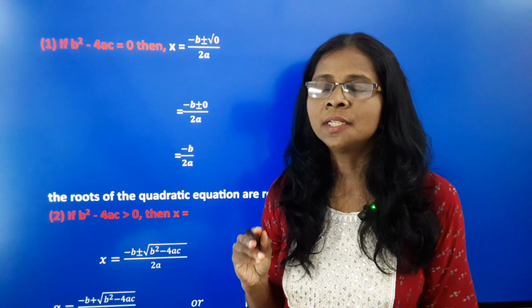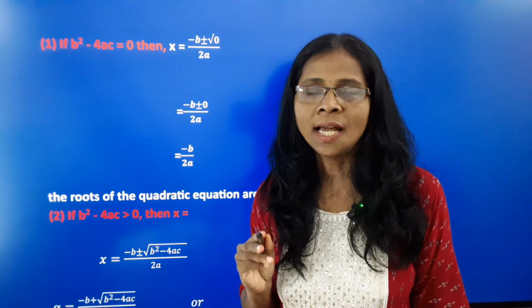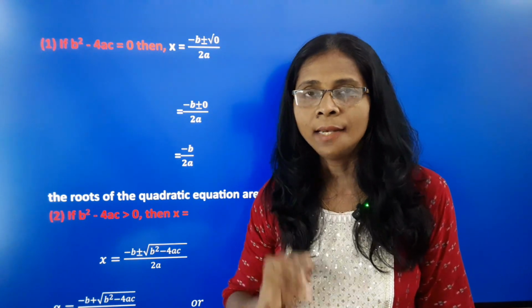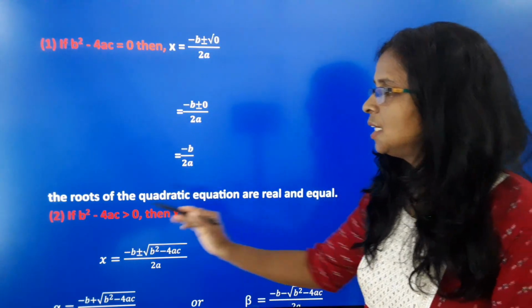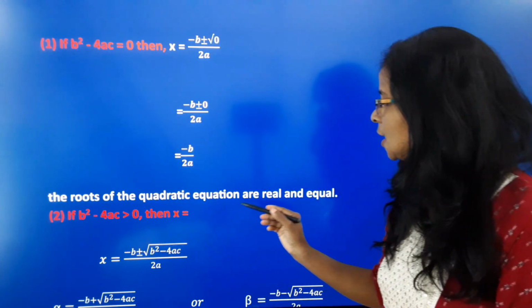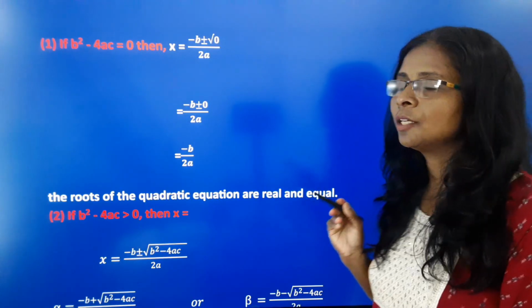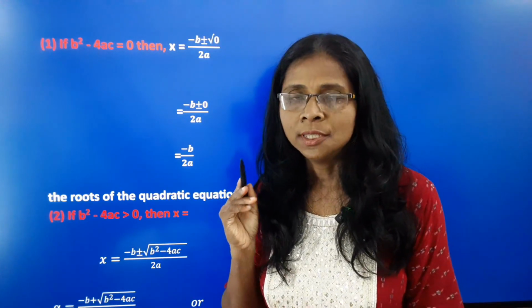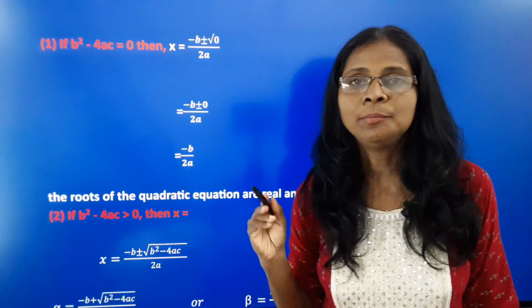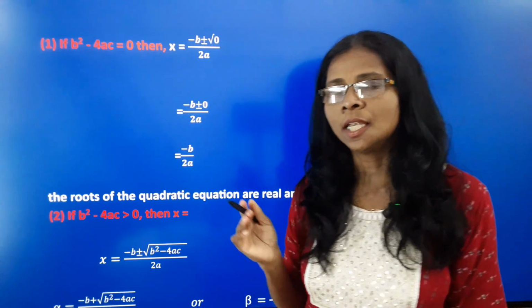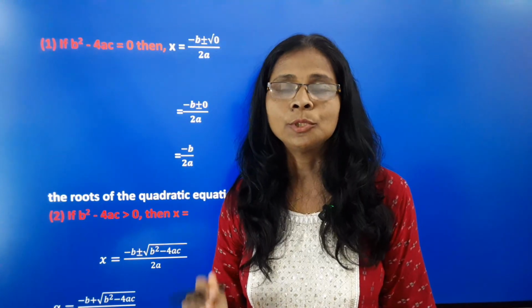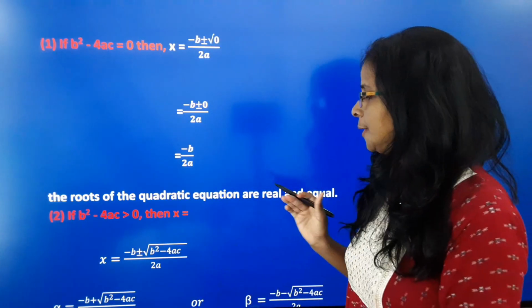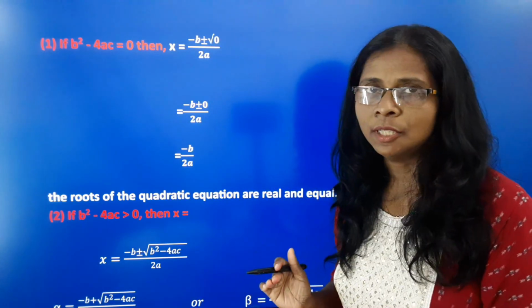So both the roots are equal, alpha and beta are equal. So we say the roots of the quadratic equation are real and equal. This is the first condition: b square minus 4ac is equal to 0, then the nature of the roots will be real and equal.